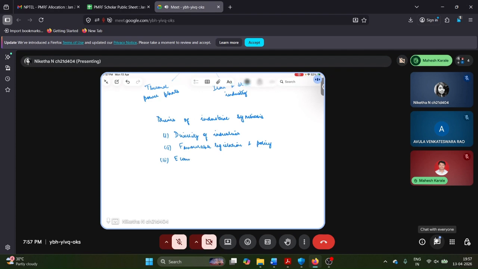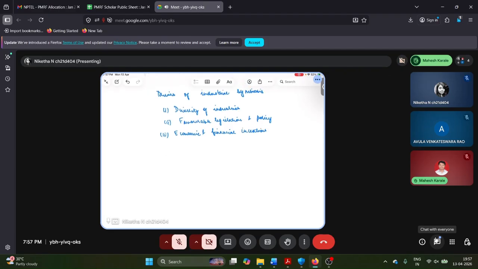Economic and financial incentives. So these incentives can be given by the government, like exemptions from paying certain kinds of taxes, or giving them a piece of land which is close to the market or the transport hub, and so on.